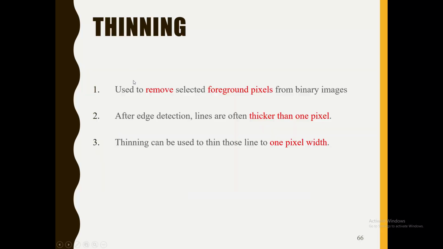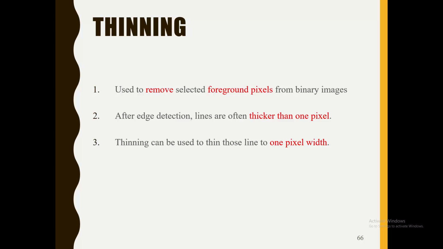Now next one is thinning, used to remove selected foreground pixels from binary images. After edge detection, lines are often thicker than 1 pixel. So thinning can be used to thin those lines to 1 pixel width. Sometimes when we are detecting edges, the width of the boundaries or lines is greater than 1 pixel.